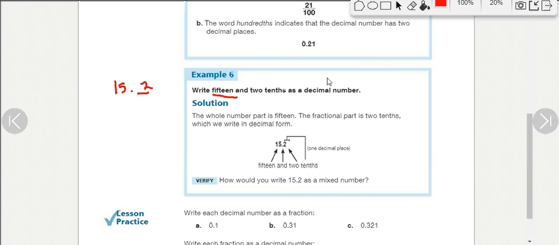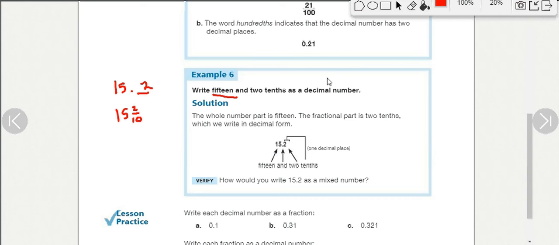Writing it as a mixed number would look like 15 and 2/10. See, both decimals and fractions are showing parts of a whole. It's just decimals are what you get on your calculator, and fractions show it maybe easier to understand with numerator over denominator. Most calculators don't do it.